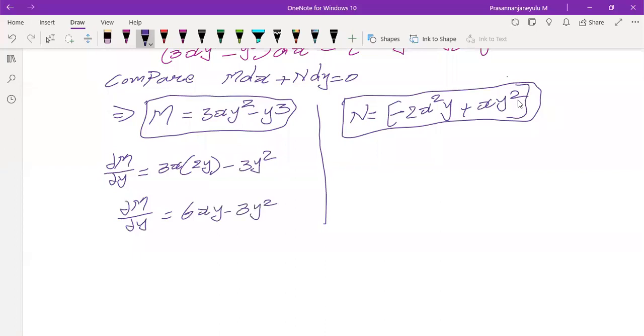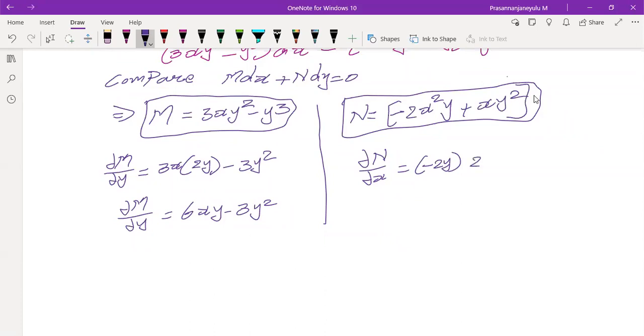Okay. And then in the same manner, finding ∂N/∂x. Why do we have to find ∂N/∂x? That is a procedure. But how to remember it? N is the coefficient of dy, so take the partial differentiation of N with respect to the opposite variable of y, which is the x variable. So partial differentiation of N with respect to x, treat y as constant. So minus 2y is constant in the first term. x² in the first term remains.